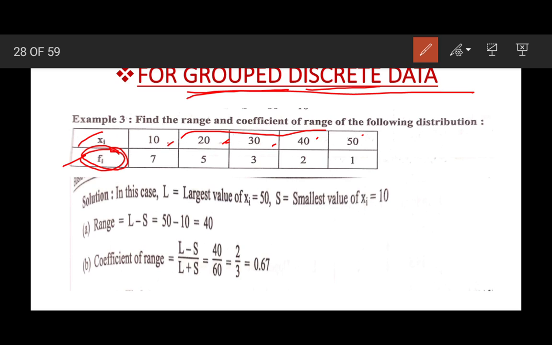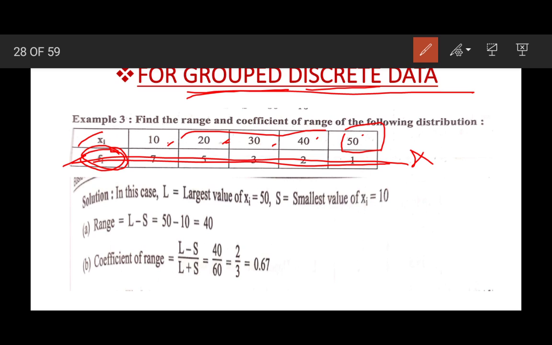Okay. Now for group discrete data, for range we find the highest value of X. We are not going to use the frequency. This frequency is useless in range. In range we are not interested in frequency, so make a note that we are not using it.